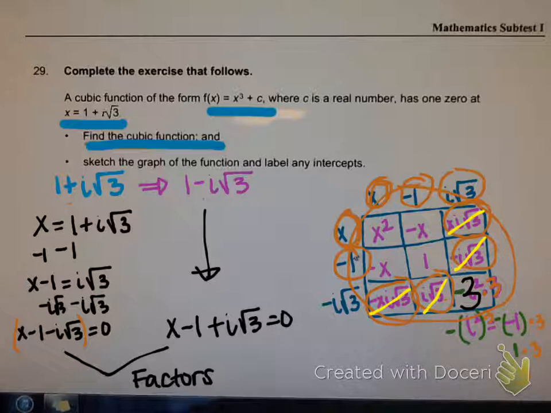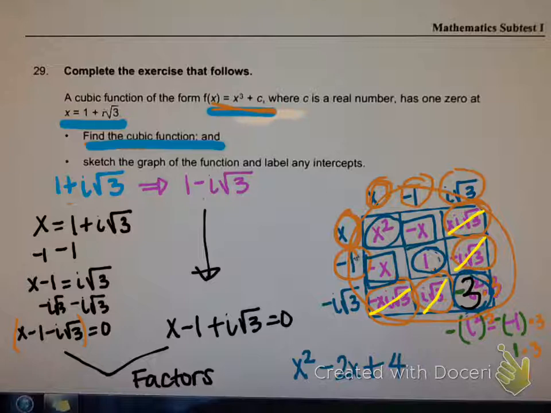All the stuff with the i's, all the stuff with the radicals, they all cancel. So therefore, I have all these things left: x squared, negative 2x, the 1 plus the 3, that's 4. So x squared minus 2x plus 4 is a factor of this cubic right here.